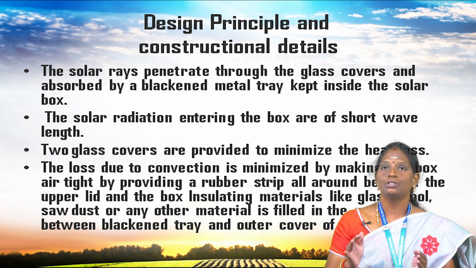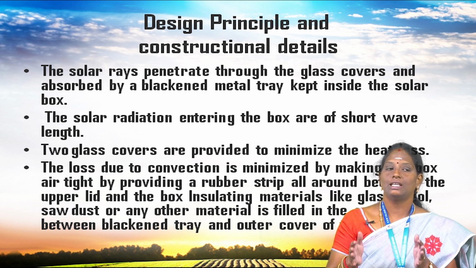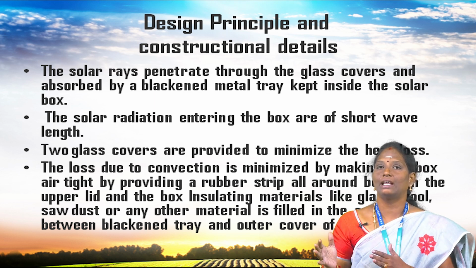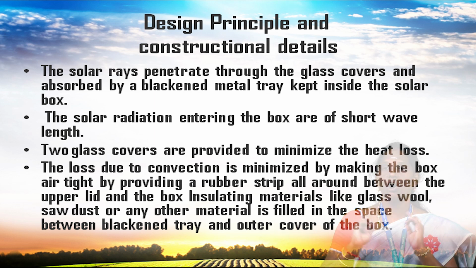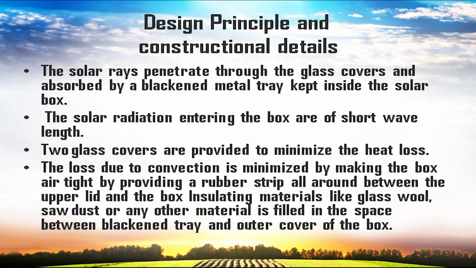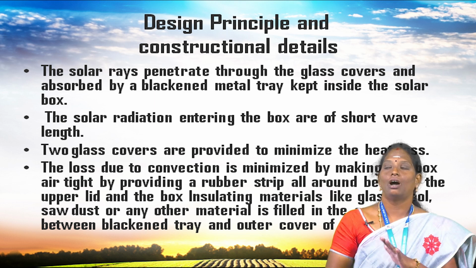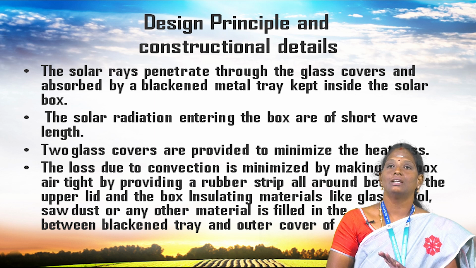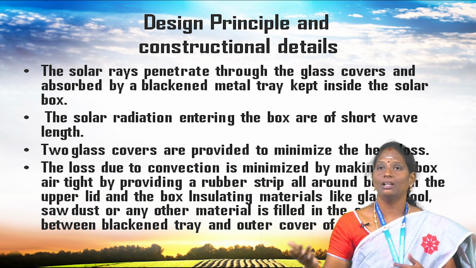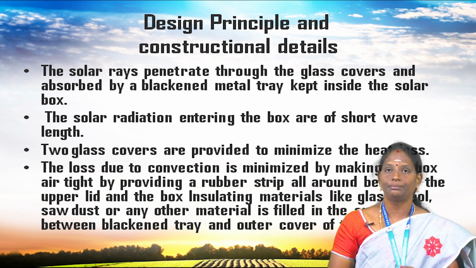The loss due to convection is minimized by making the box airtight, providing a rubber strip all around between the upper lid and the box. Insulating materials like glass wool, sawdust or any other material are filled in the space between the blackened tray and the outer cover of the box.